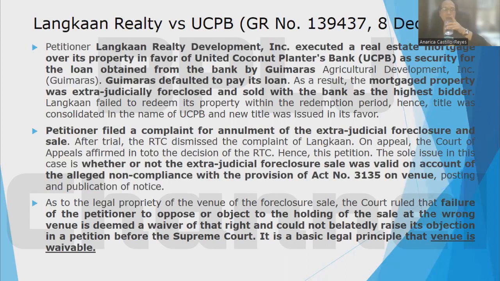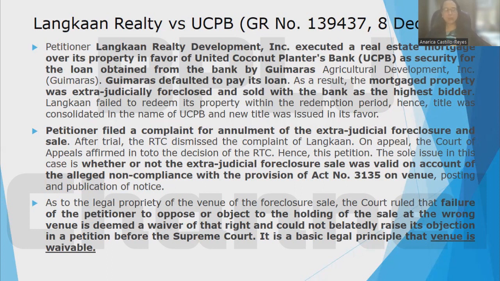Langkaan Realty versus UCPB. In this case, Langkaan executed a real estate mortgage over its property in favor of UCPB as security for a loan. Now, Langkaan defaulted to pay the loan. As a result, the property was extrajudicially foreclosed and sold with the bank as the highest bidder.